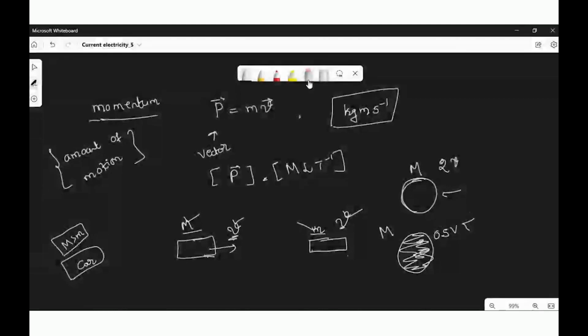The 2v one. Even though the masses are the same, the force required to stop it is greater for the object which is moving with more velocity.